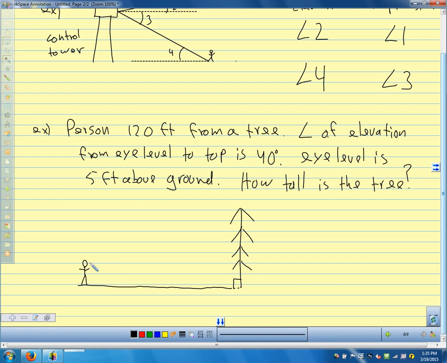And this person is looking up at the top of the tree. And we know that this is 5 feet. And our angle of elevation is from eye level to the top of the tree. Well, here's the eye level. There's our horizontal segment at eye level.